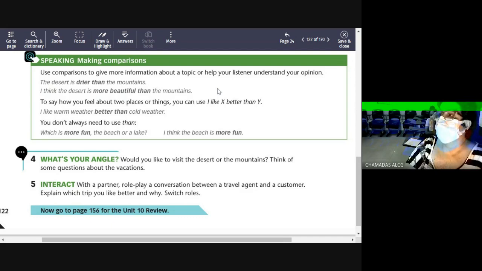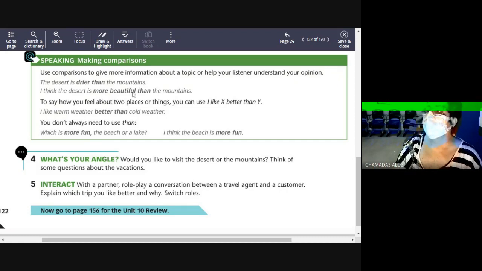All right, thank you. Okay, so we use comparisons there to give more information about a topic, right? And we should remember that when we use short adjectives, we just add the suffix er. When we use long adjectives, we have to put the word more before the adjective, okay?